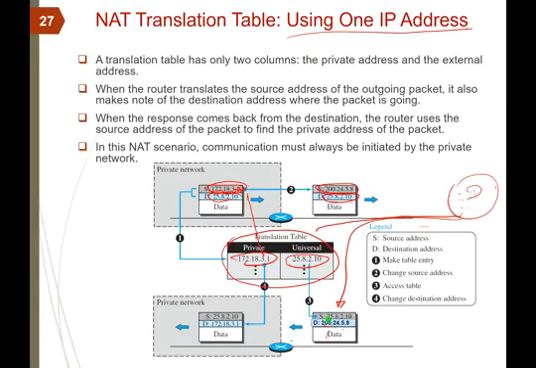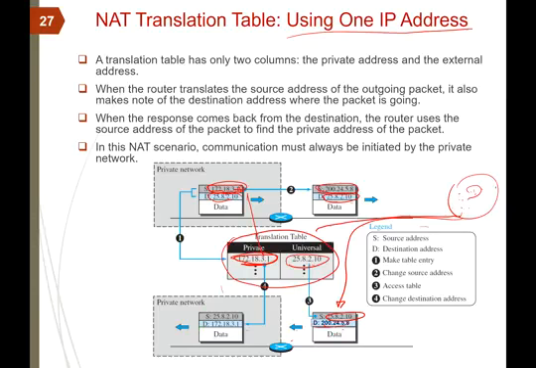It will see that this private network client requested this IP, so it will forward the answer to that device, to that private network, and the communication will be okay.